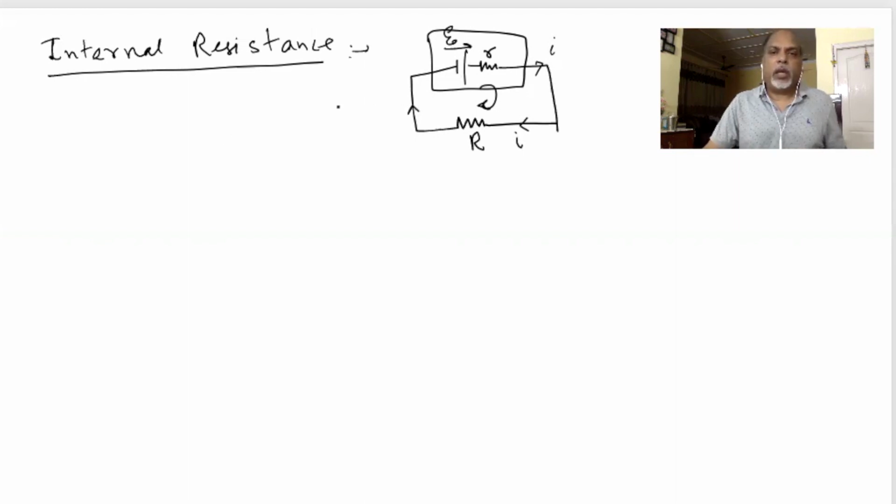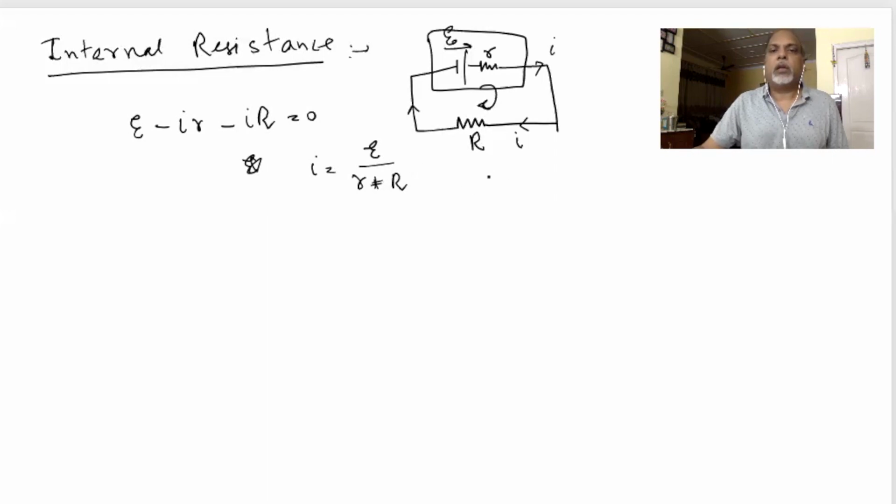Again, from the loop rule, E minus Ir minus IR will be 0, and in this case I will modify as E upon R plus r. If it is an ideal battery, then I will be E upon R. This is your real battery.